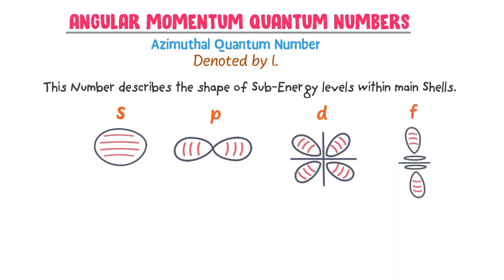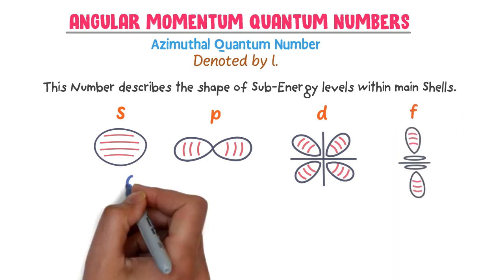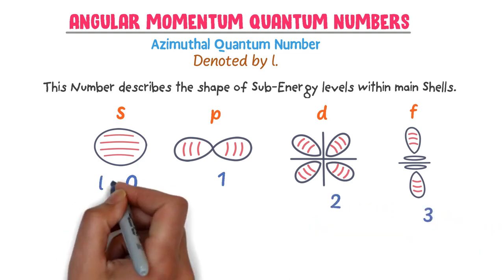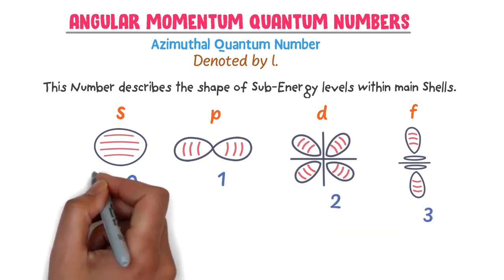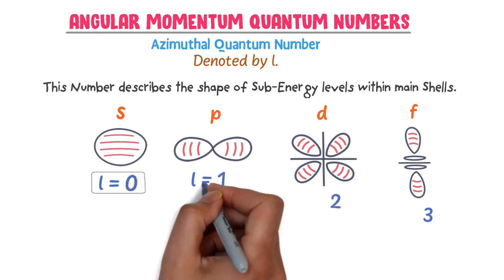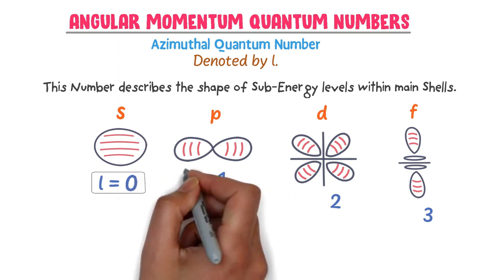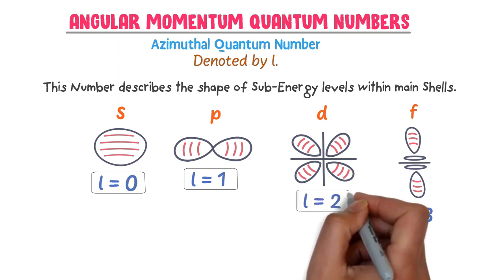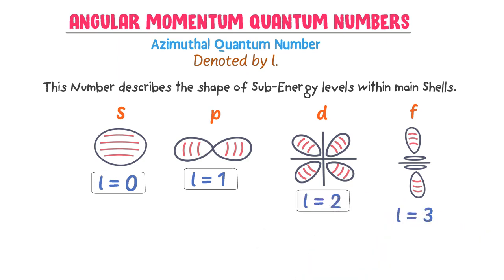We start counting sub-energy levels from 0, 1, 2 and 3. So when l is equal to 0, it is s subshell. When l is equal to 1, it is p subshell. When l is equal to 2, it is d subshell. And when l is equal to 3, it is f subshell.